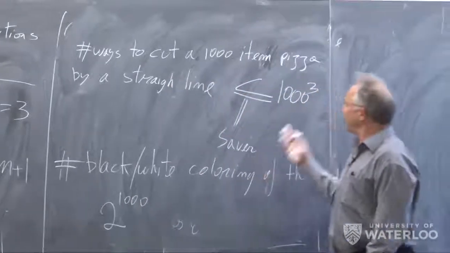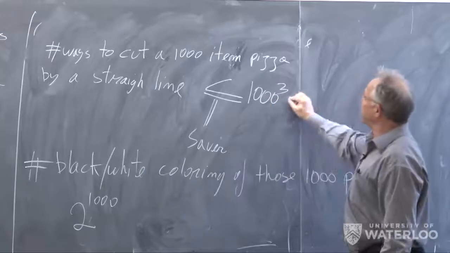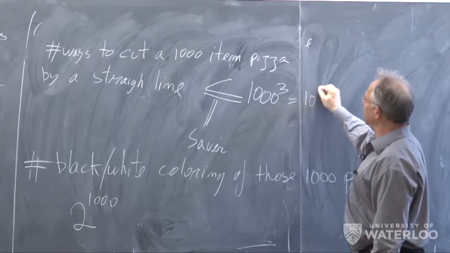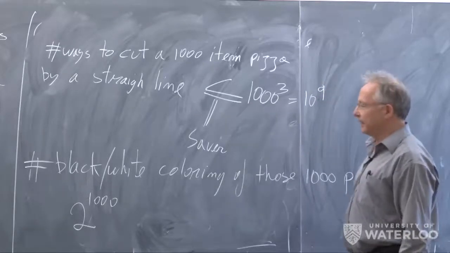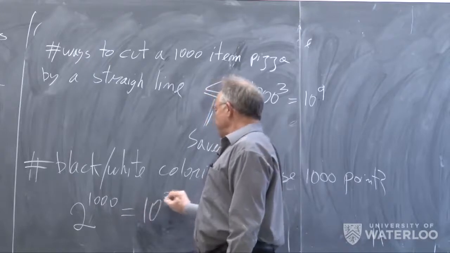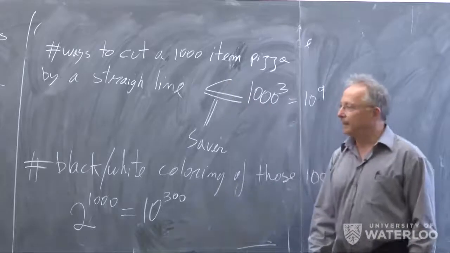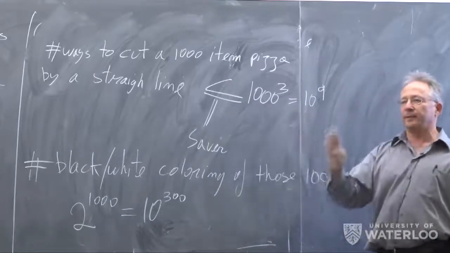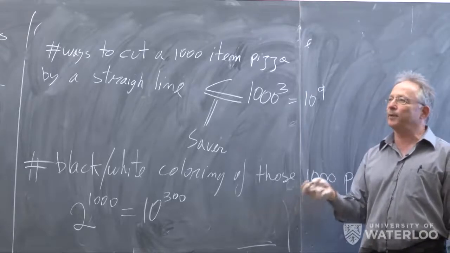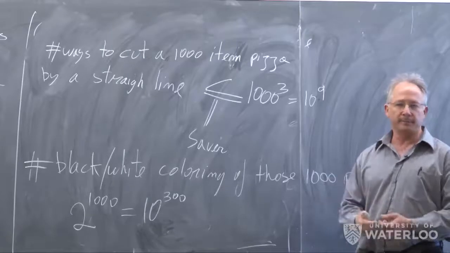If you want to compare these numbers, here I have 10 to the power 9, and here I have roughly 10 to the power 300. So the number of ways to separate with a straight line is a minuscule, negligible fraction of the number of ways that I could separate points.